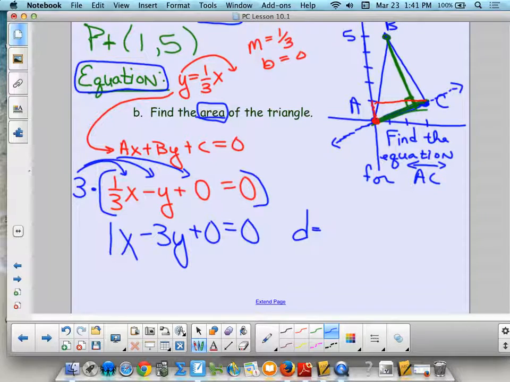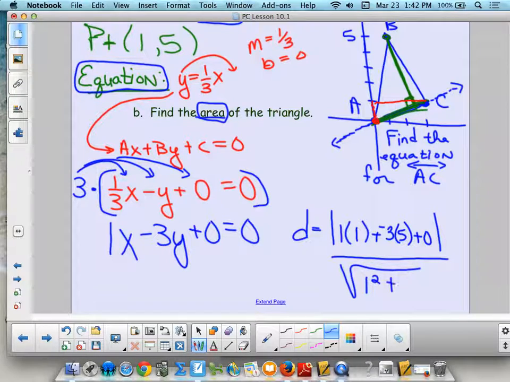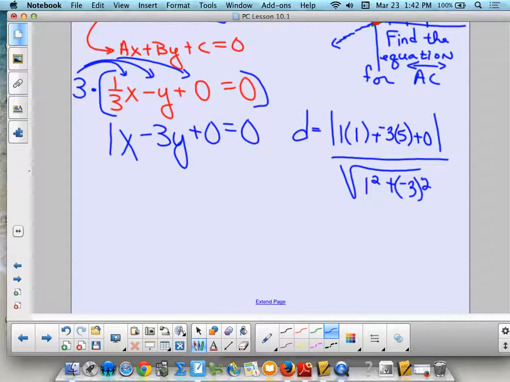Distance equals, okay, A, what is A? 1 times x1, 1, plus negative 3 times 5 plus 0, over the square root of A squared plus B squared. On the bottom, square root of 10. On the top, what'd you guys get?